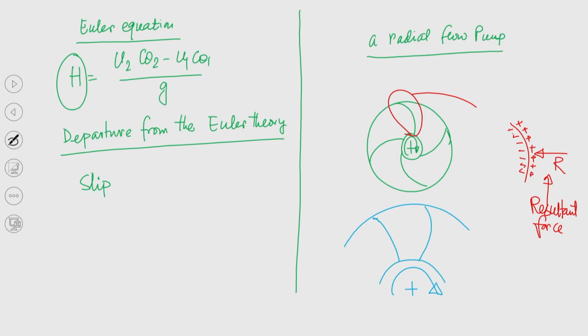What we can see is that pressure is high at this surface and also high at this surface, and pressure is less on this surface.